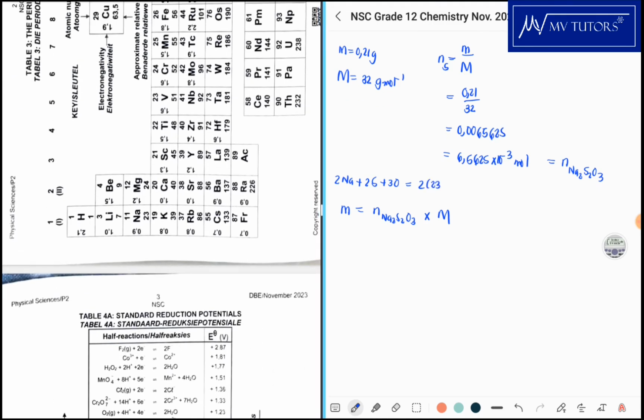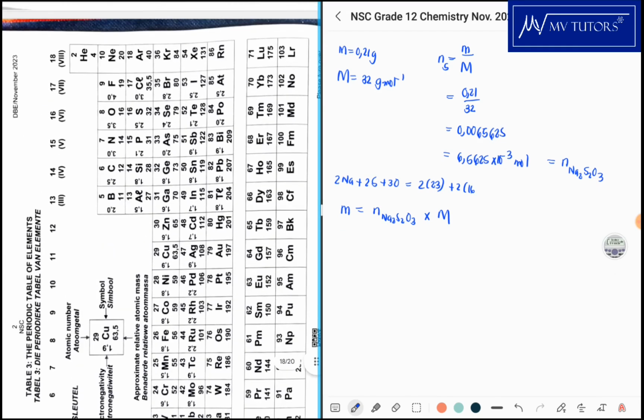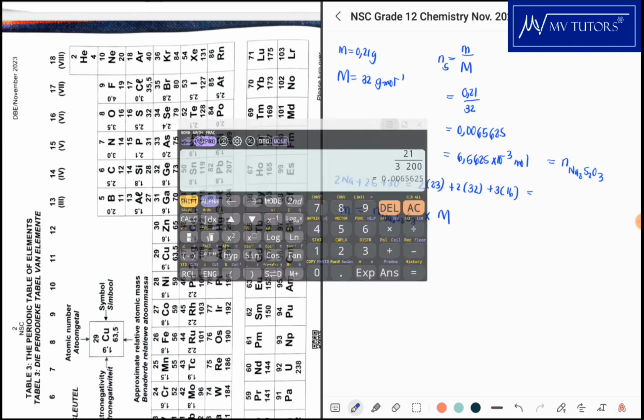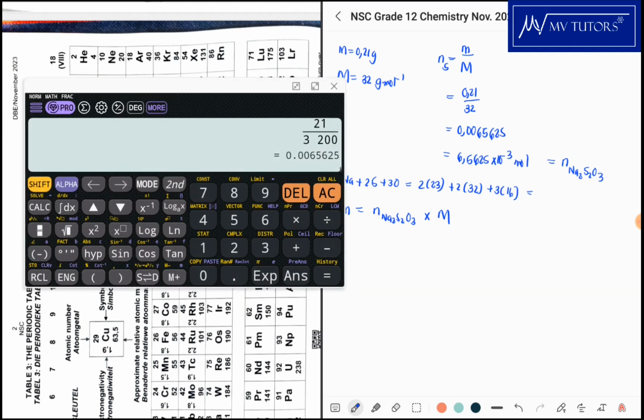So 2 times 23 plus 2 times 32, since sulfur is 32 and 16 is oxygen, plus 3 times 16. The molar mass of sodium thiosulfate is 158 grams per mole.